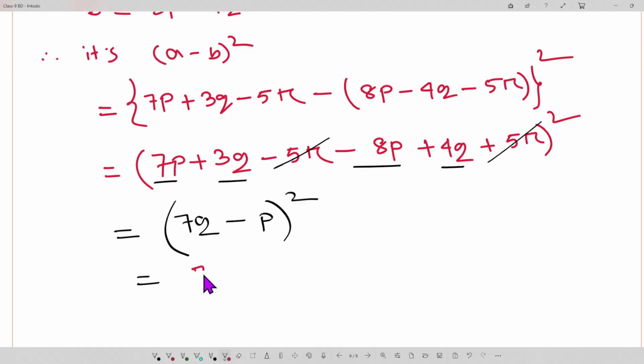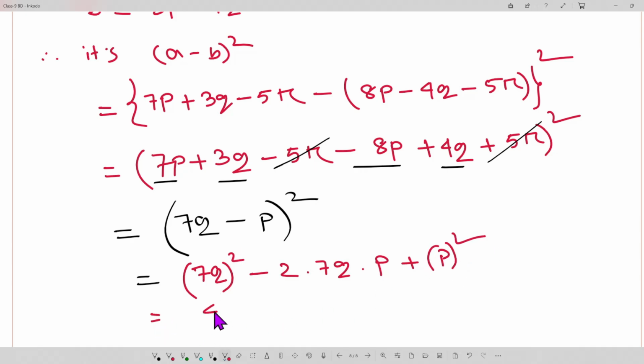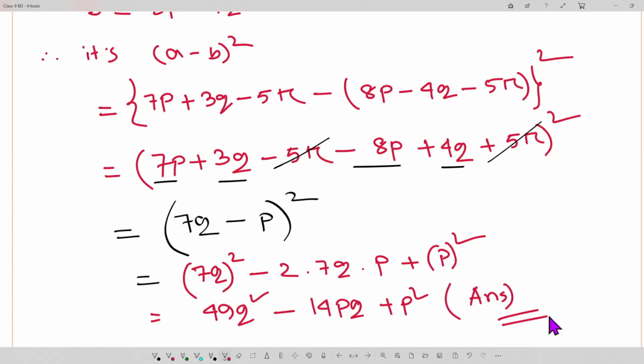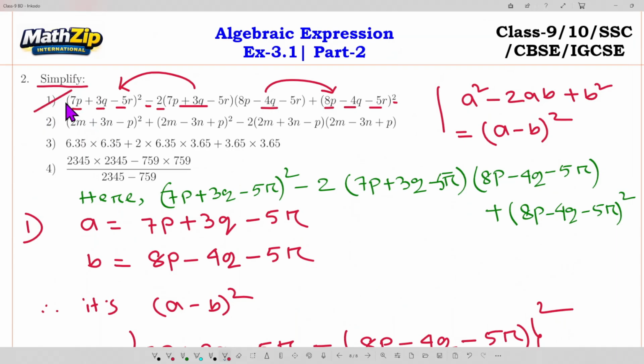In this case we can write (7q) square minus 2 times 7q times p plus p square. So 7 square means 49 q square, minus 2 times 7, 14pq, plus p square, and this is our answer. So question 1 done.